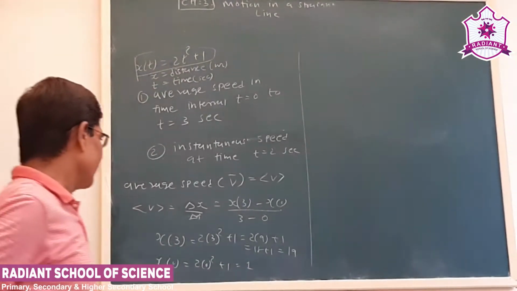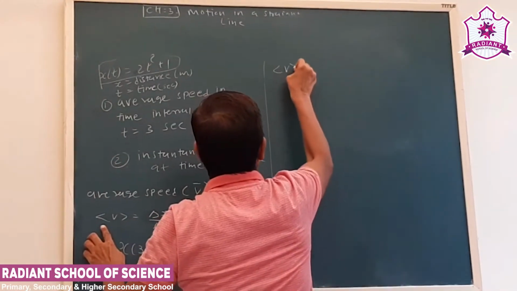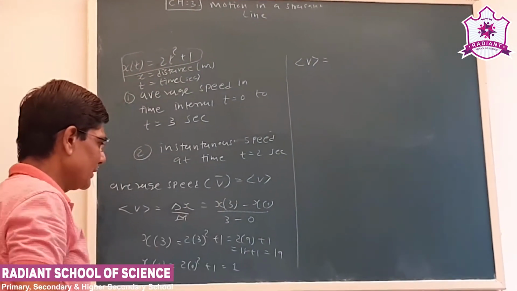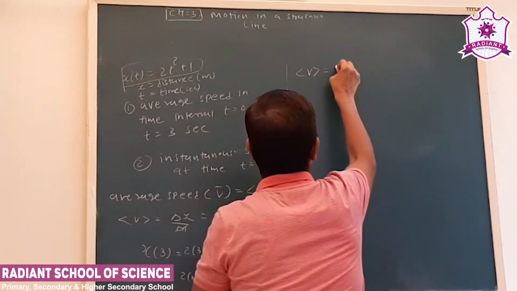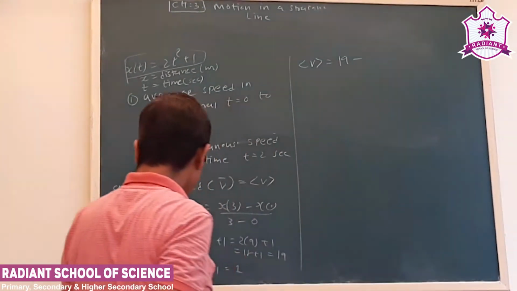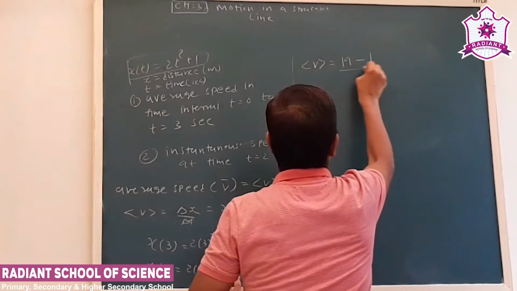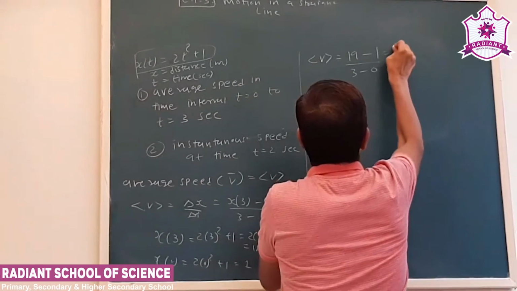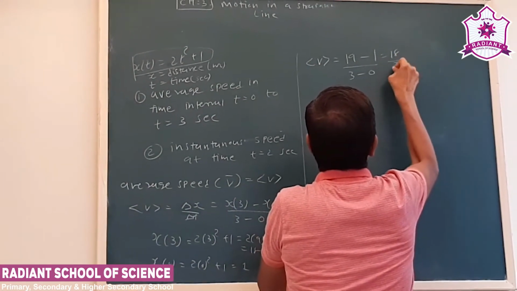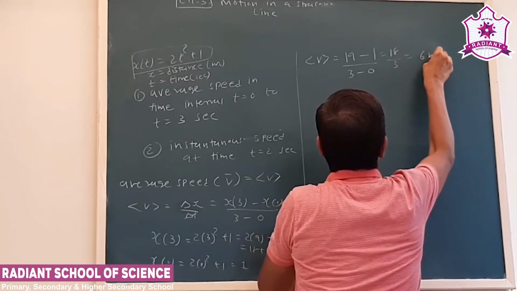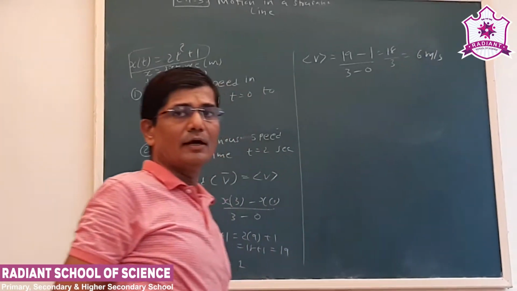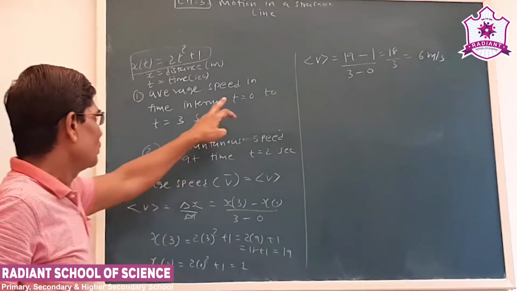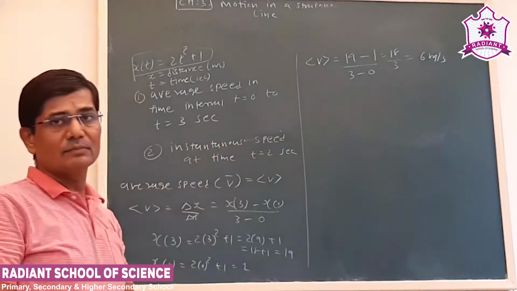Now see, the average speed is x3 minus x0. The x3 position is 19 minus the x0 position is 1, and the time interval is 3 minus 0. So this is how we see the average speed in the time interval 0 to 3 seconds is 6 meters per second.